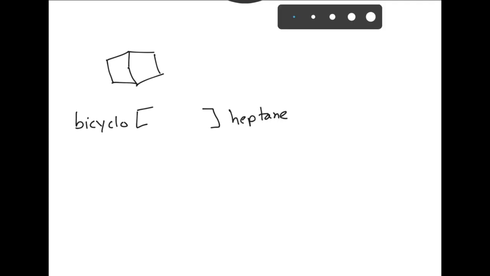Right? This is bridged, right? So again, prefix is bicyclo, bracket. How many carbons are in this? 7. So this is going to be heptane. 1, 2, 3, 4, 5, 6, 7.